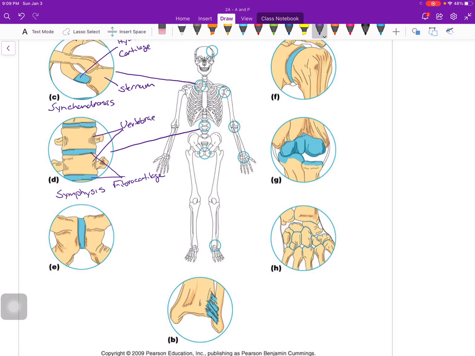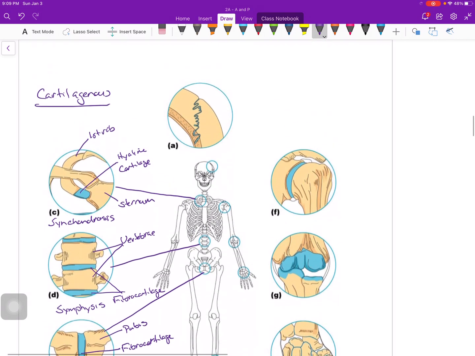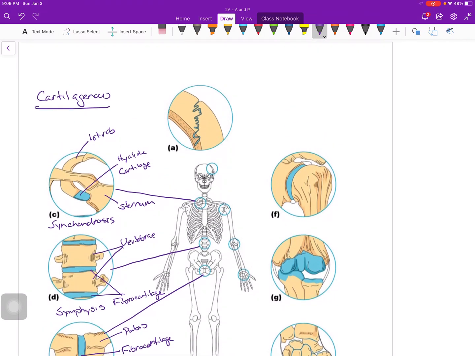And then our final one also is a symphysis. This is your pubis. And then this is fibrocartilage. Now, all of these are cartilaginous joints, and you can see that that goes there. Now, the next one we're going to talk about are fibrous joints.